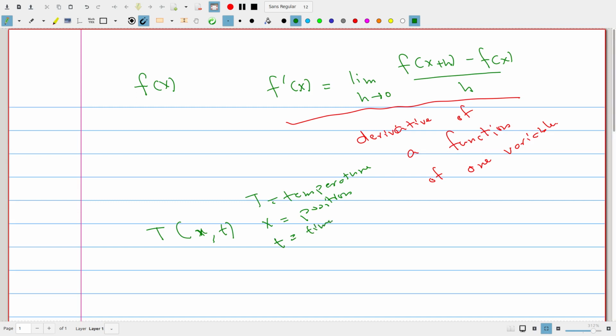So let's say you want to find the rate at which the temperature varies with respect to time at a particular point in time, t0.